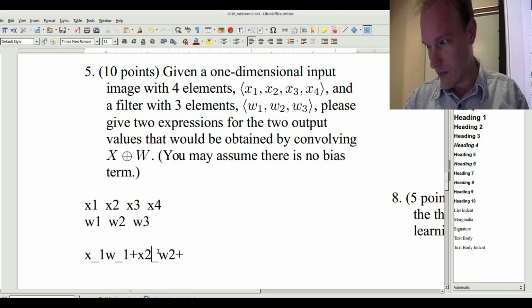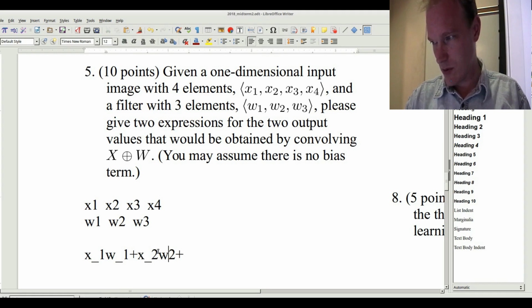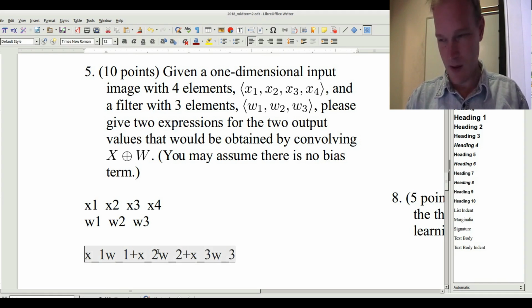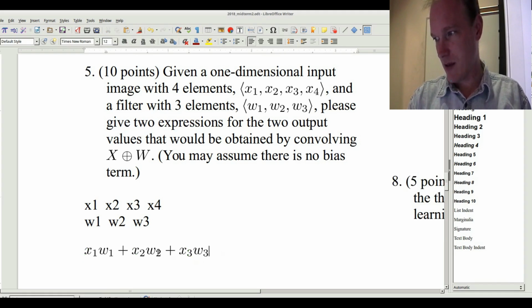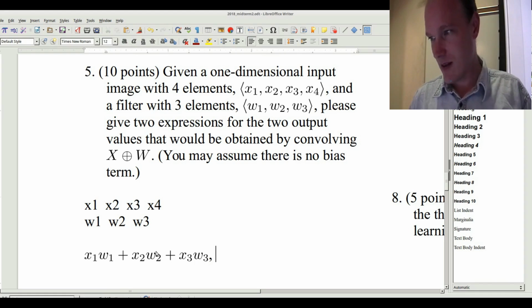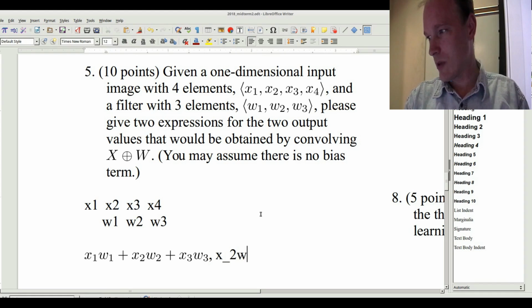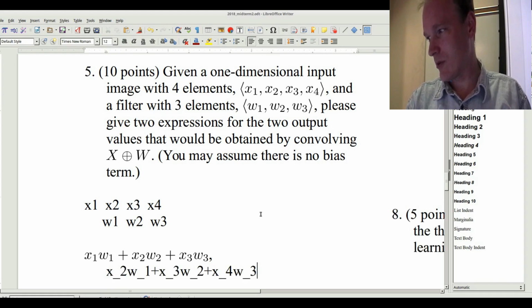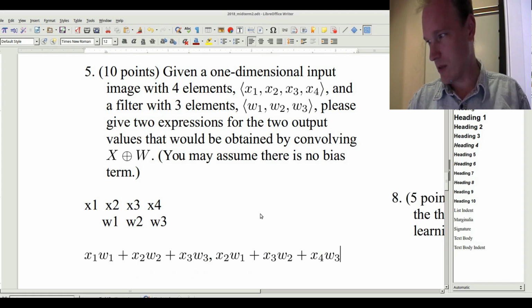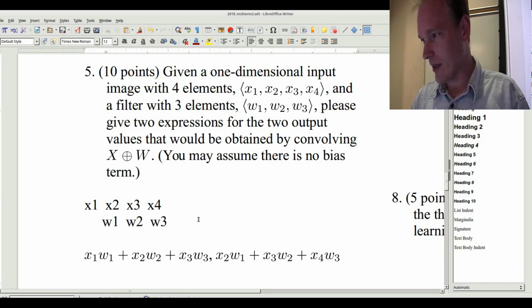Wait, I'm not writing this correctly. x1 w1 plus x2 w2 plus x3 w3, comma. Then this kernel or filter is going to slide over, and we're going to get x2 w1 plus x3 w2 plus x4 w3, which looks like that. And that's it.